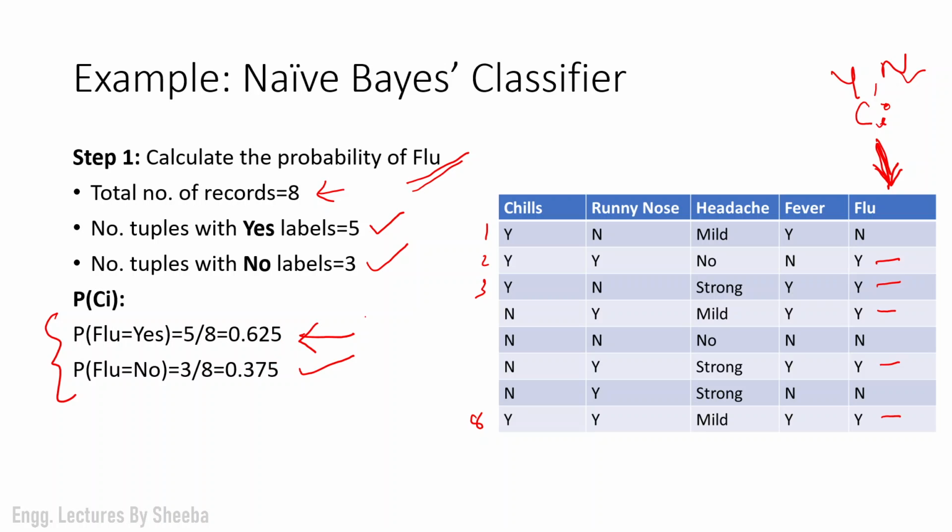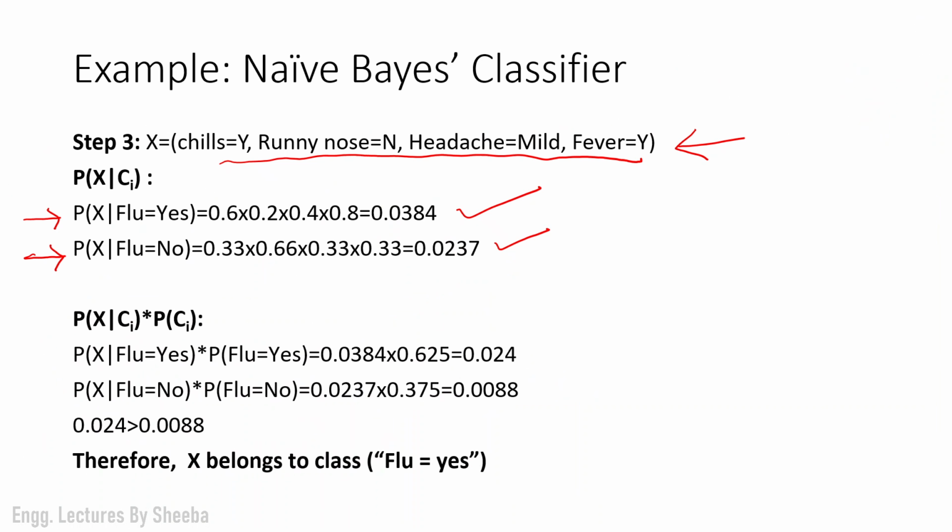So for the yes probability, you multiply this original probability 0.625, and for the no probability, you multiply this 0.375. So this is the equation we are doing. So you got two answers here.